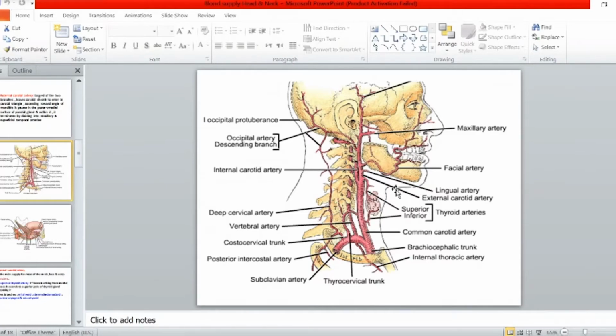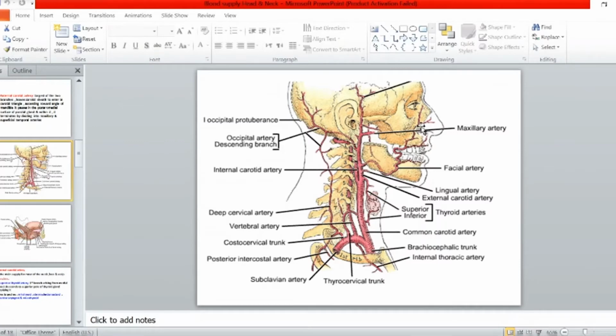In the face, it gives rise to a branch to the lower lip, which is called the inferior labial, which is this one, passing toward the lower lip, and then gives rise to another labial branch, the upper labial, to the upper lip, passing inside the upper lip, and then ascending.